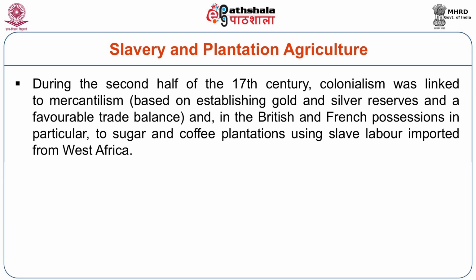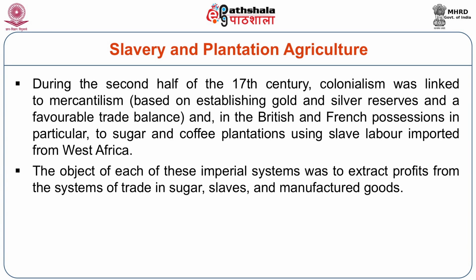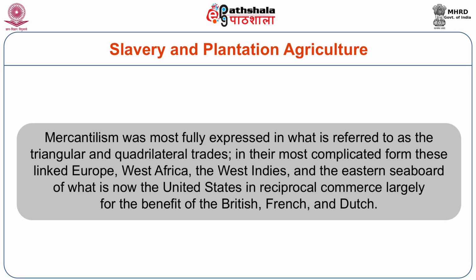During the second half of the 17th century, colonialism was linked to mercantilism, based on establishing gold and silver reserves and a favorable trade balance, and in the British and French possessions in particular, to sugar and coffee plantations using slave labor imported from West Africa. The object of each of these imperial systems was to exact profits from the systems of trade in sugar, slaves, manufactured goods.